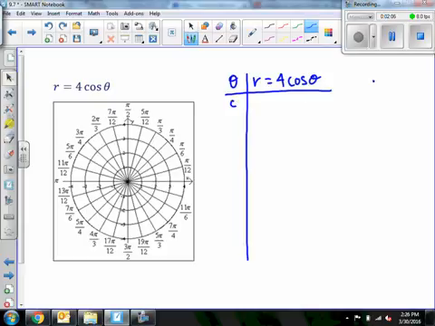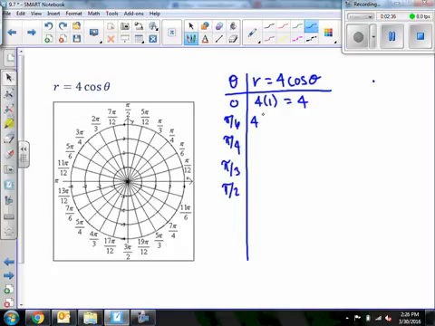So let's start with the typical ones we're used to: 0, pi 6, pi 4ths, pi 3rds, pi halves. We'll start there. If I plug in 0, cosine of 0 is 1. So this is 4 times 1. And yes, you are going to need to probably pull out a unit circle for this lesson. So you may want to pause the video now and get out your unit circle.